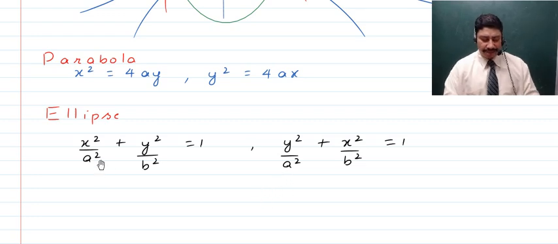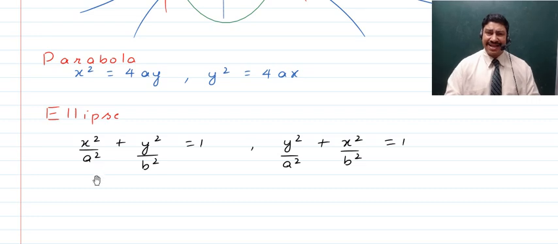No? I'll tell you. Look, here the denominator of x square is a square, and here the denominator of x square is b square. That means that a and b must be something special, right?